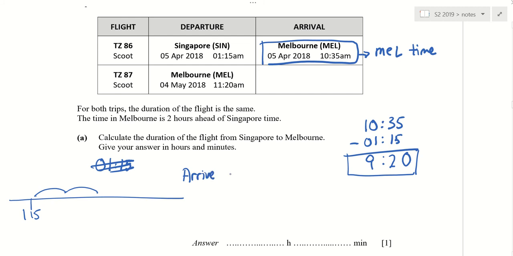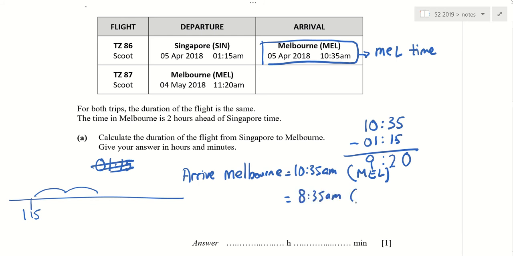Arrive in Melbourne equals to 10:35 a.m. This is Melbourne time, but if I convert to Singapore time, you notice you have to plus or minus? Minus, right? So it's actually 8:35 a.m. in Singapore time.